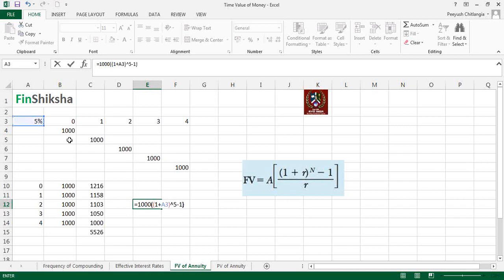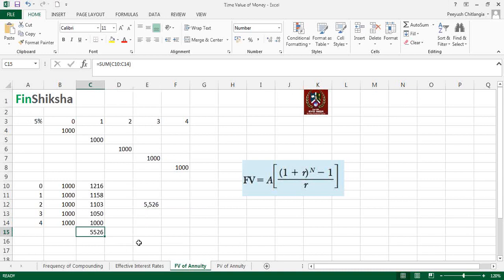Correct? That closes the bracket, and I'll need to put in a multiplication sign here, and at the end of it we need to divide it by 5%, right? And let's see what the answer is. As we press enter, we get 5526, which is what we had just seen, right?